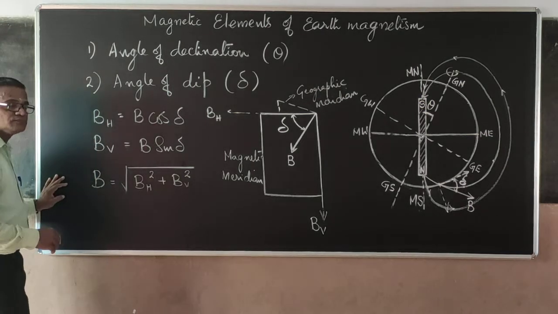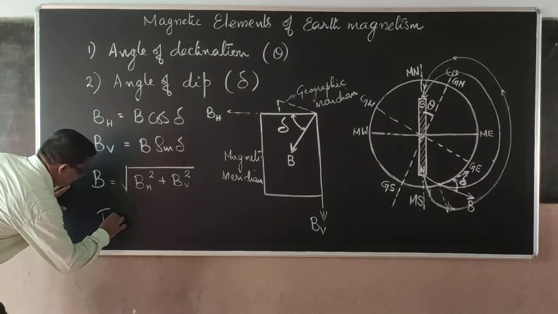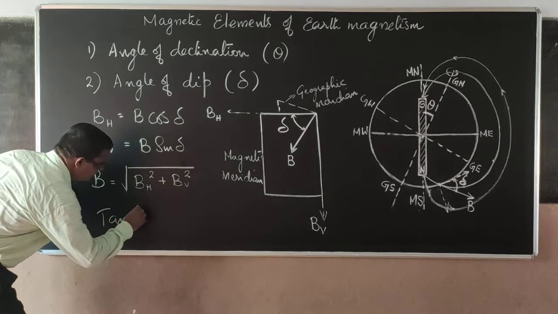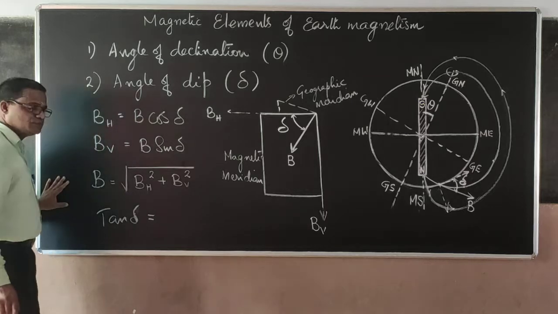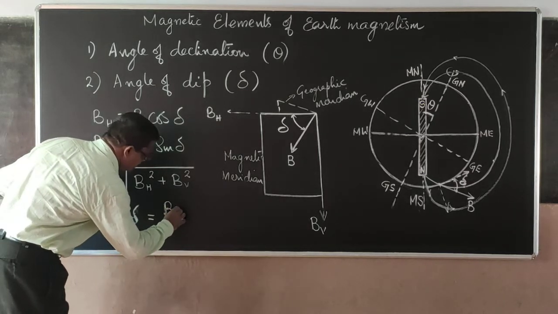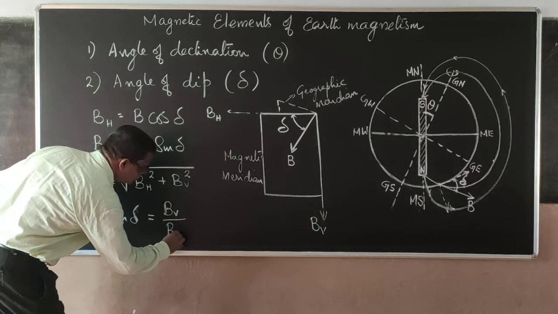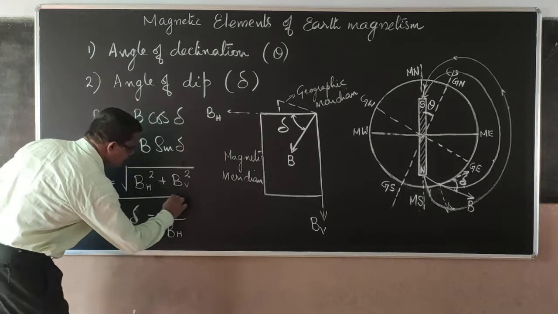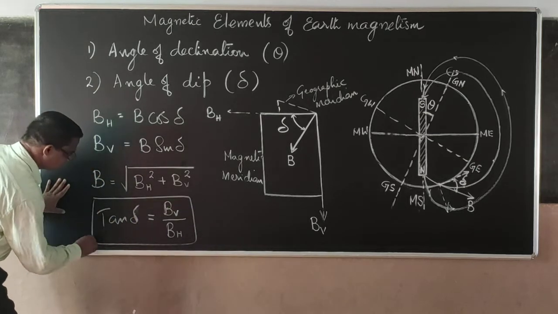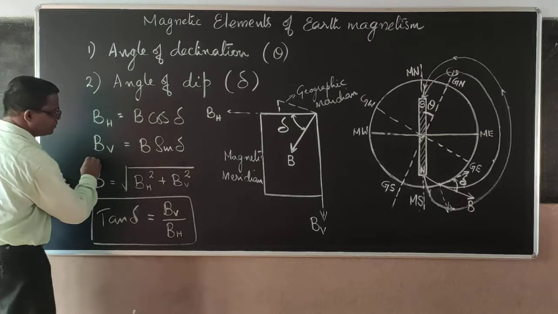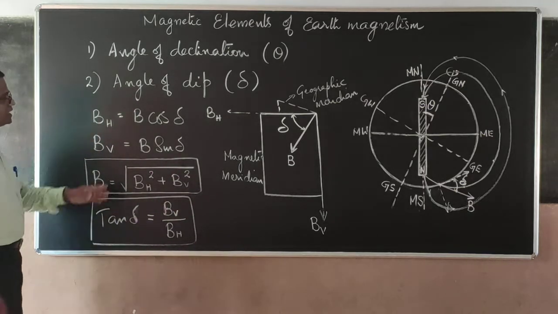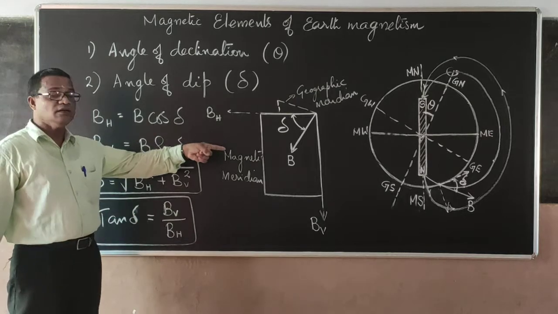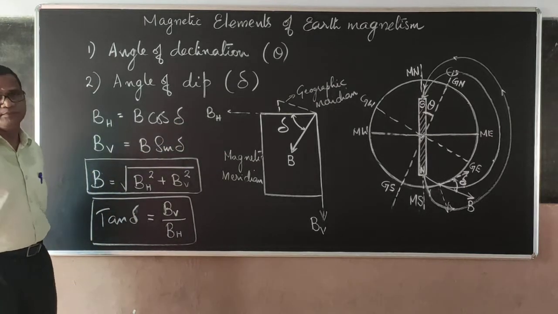And tan delta, tan of angle of dip, will be equal to BV by BH. So these are the equations you are supposed to remember out of this part. These are the equations relating to Earth's field in terms of angle of dip.